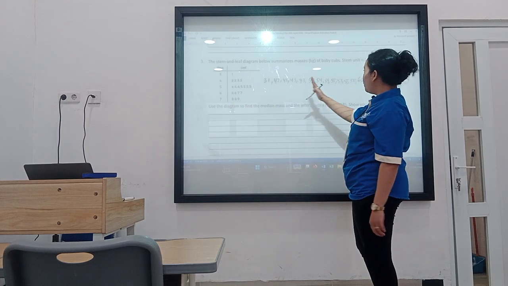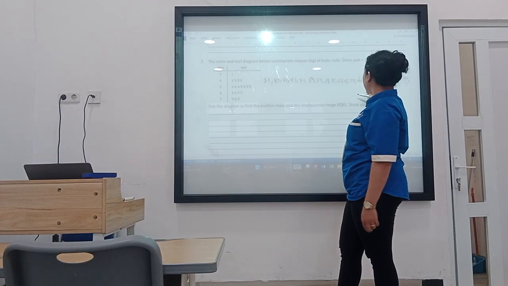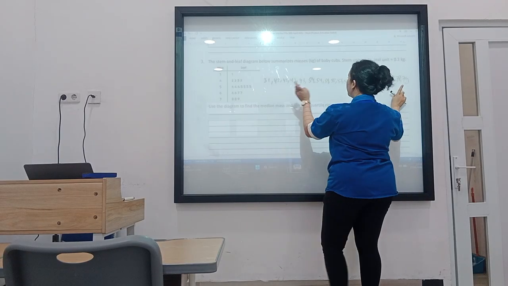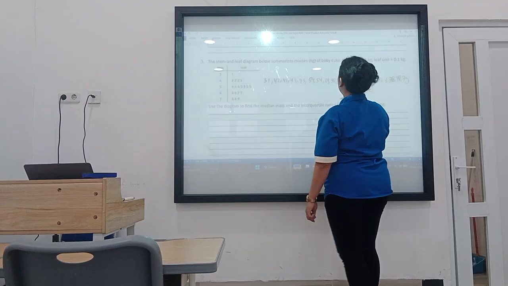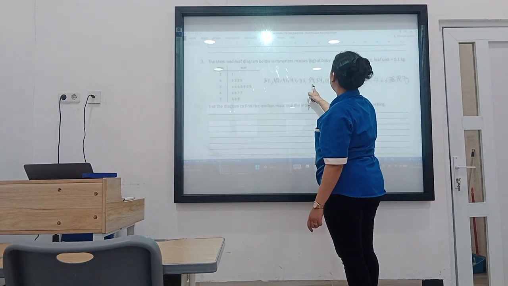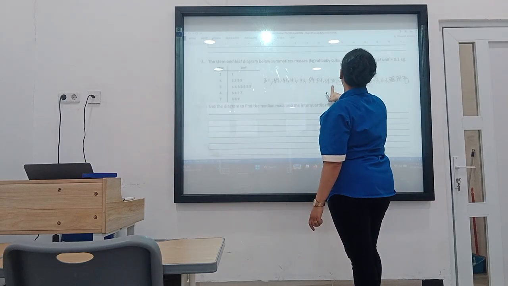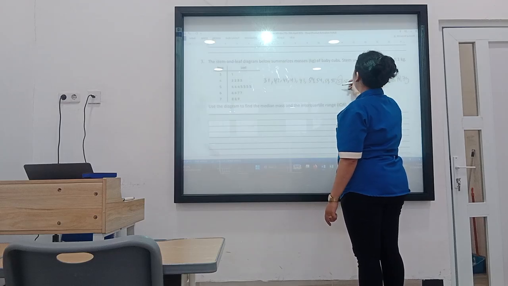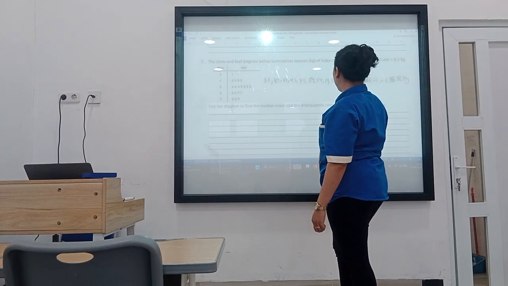So, how to find out the median? We see the middle number. So the middle number of this data is, counting 2, 3, 4, 5, 6, 7, 8, 9. So 55, yeah, the median.